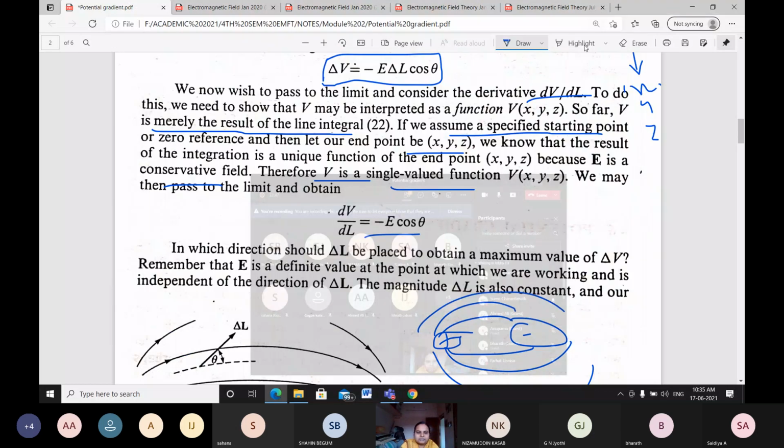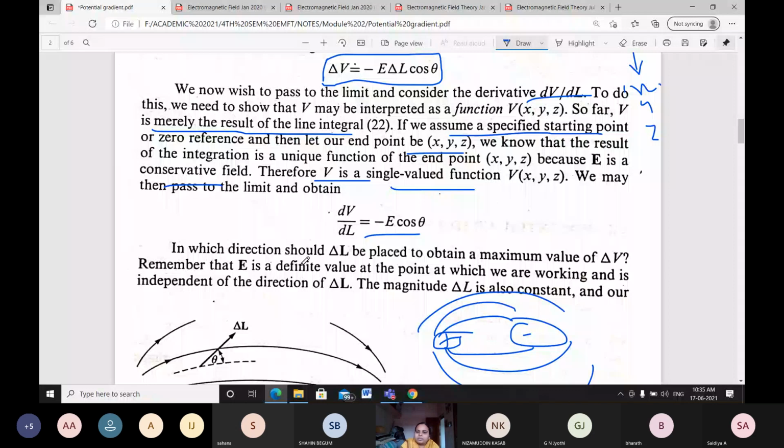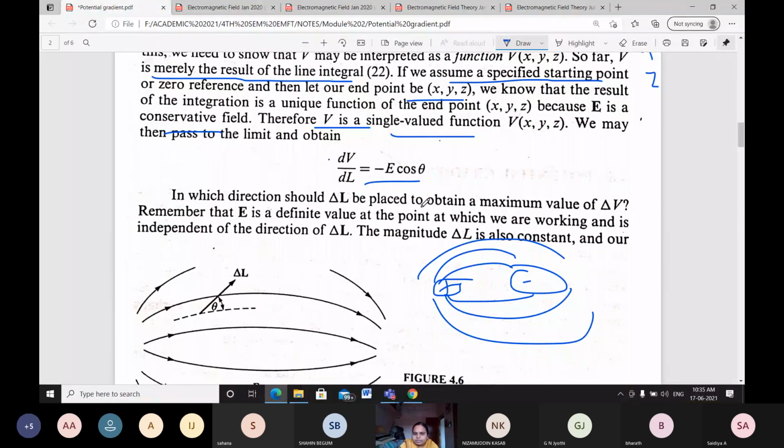Next, in which direction should delta L be placed to obtain a maximum value of delta V? Means, where should we place our value so that I get delta V as maximum.